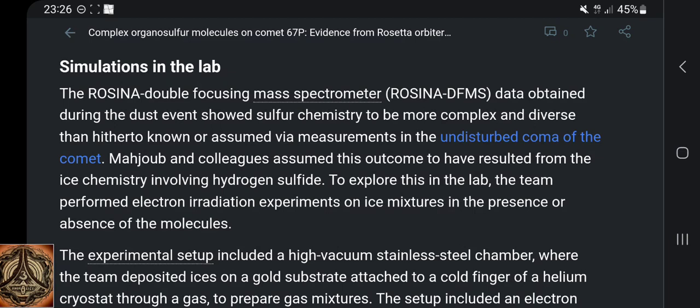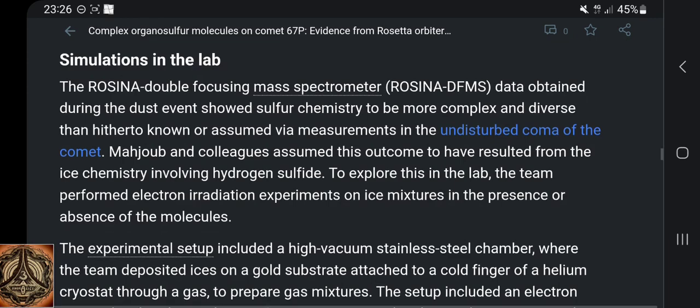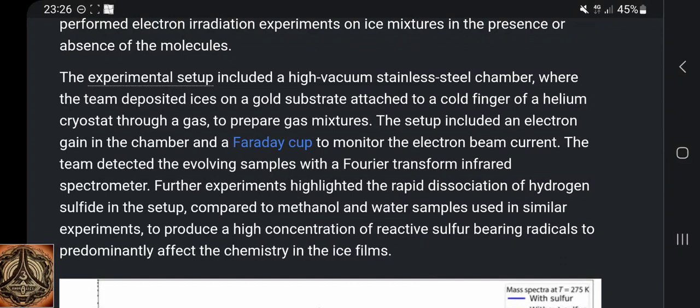To explore this in the lab, the team performed electron irradiation experiments on ice mixtures in the presence or absence of the molecules. The experimental setup included a high vacuum stainless steel chamber, where the team deposited ices on a gold substrate attached to a cold finger of a helium cryostat through a gas line to prepare gas mixtures.